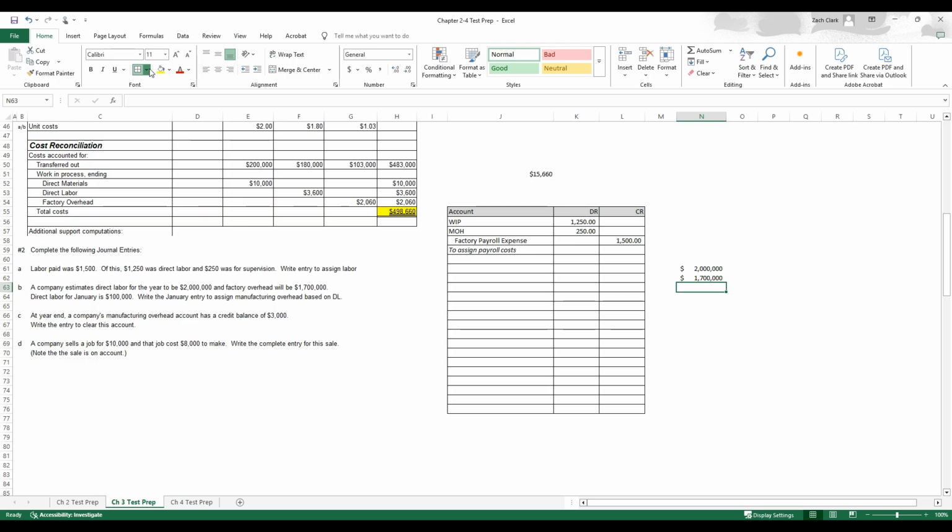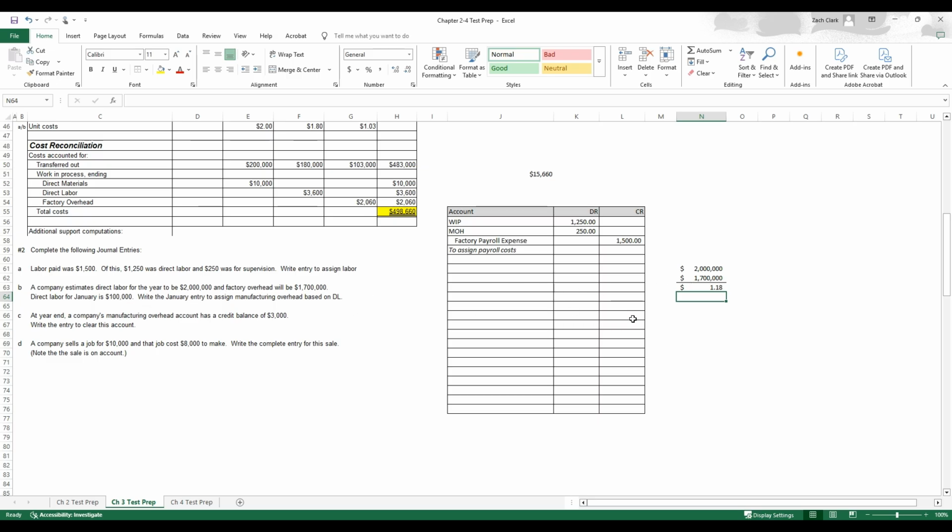This is just the traditional method, just using direct labor dollars. And so we're estimating $2 million in overhead and $1.7 million in direct labor. So we're going to assign $1.18 of overhead per every dollar of direct labor.